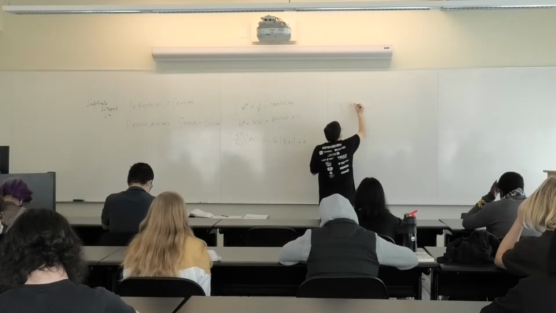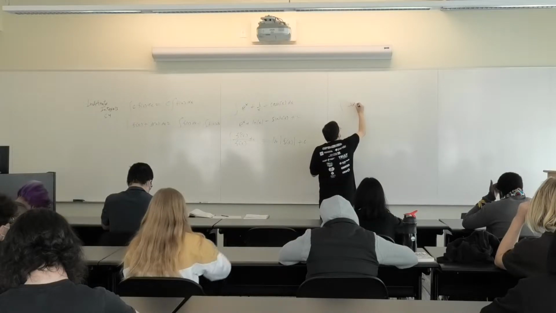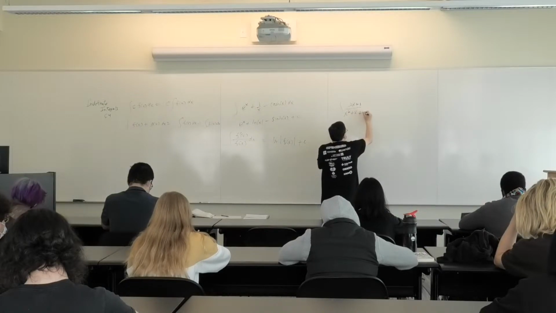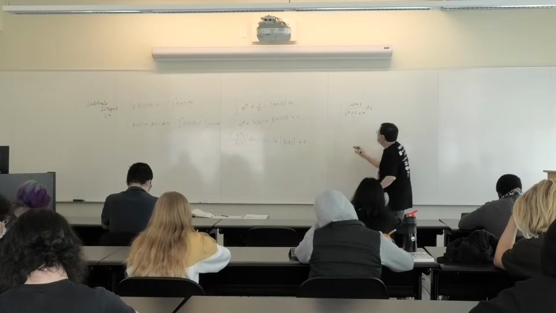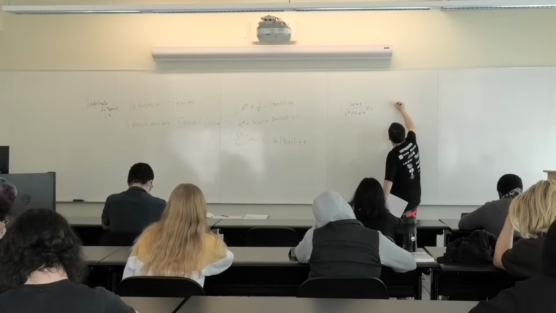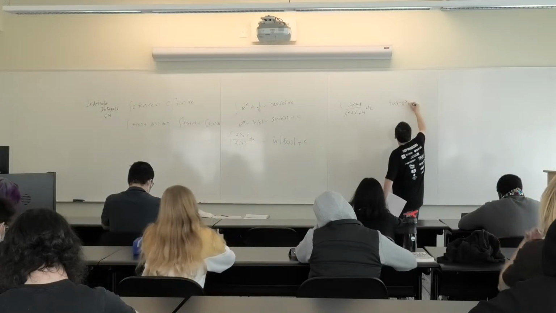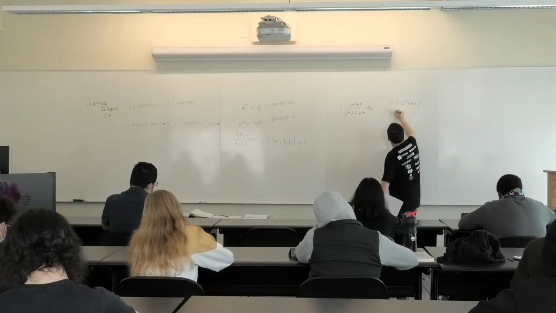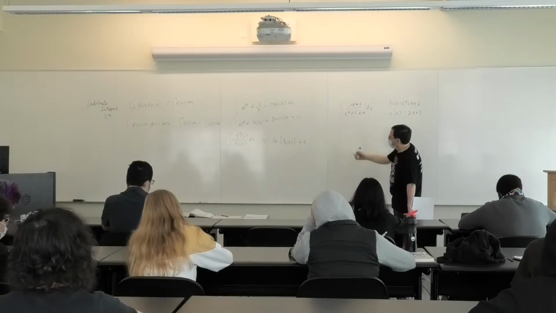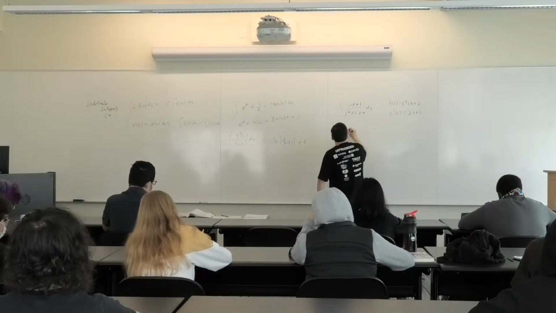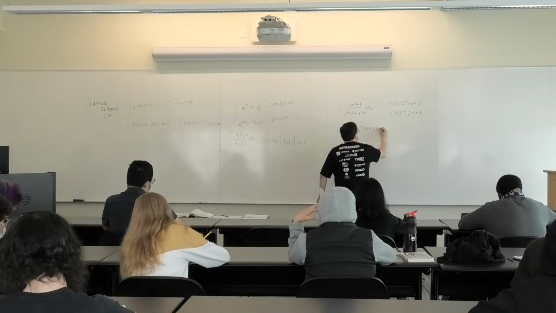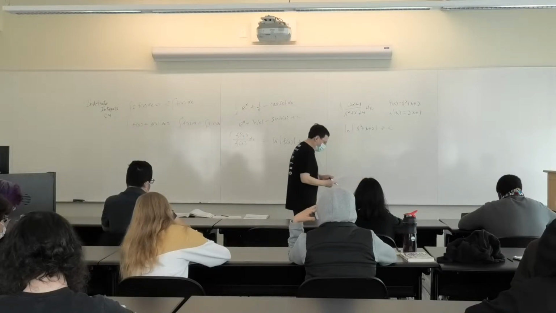I have 2x plus 1 over x squared plus x plus 2. I happen to notice the relationship between these two. If f of x is x squared plus x plus 2, its derivative, very conveniently, is 2x plus 1, fitting my pattern. So I know that this becomes the log of the absolute value of x squared plus x plus 2 plus a constant.